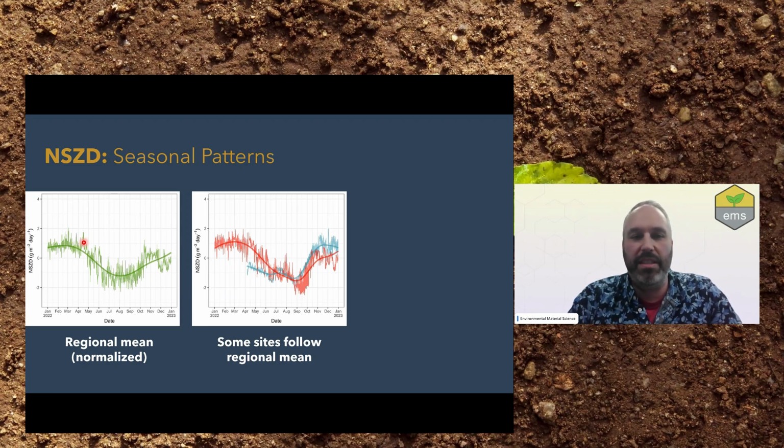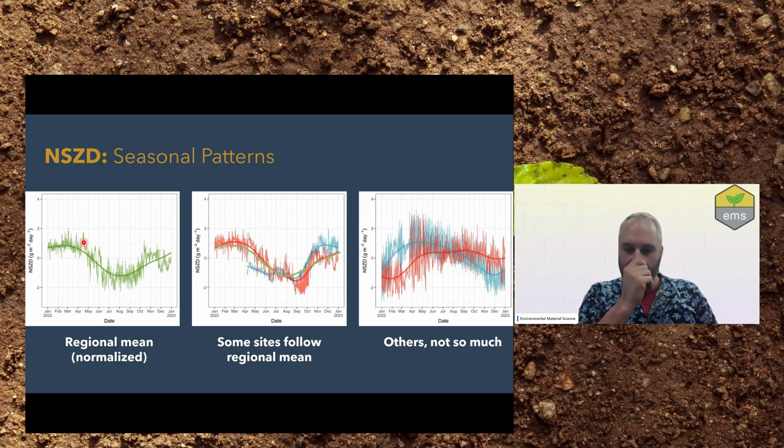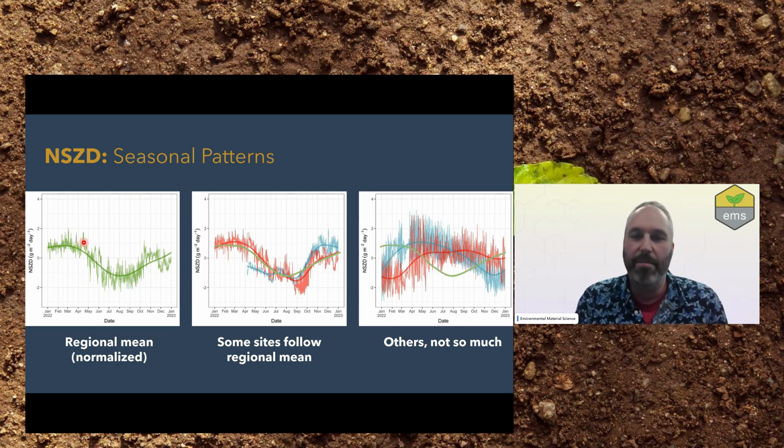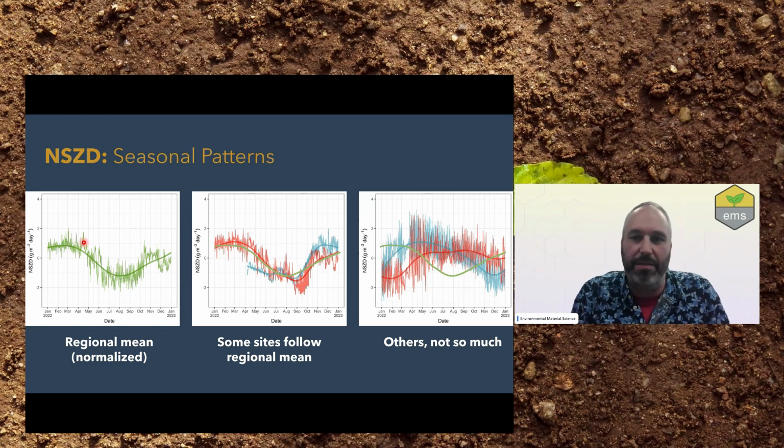If we look at a couple of sites, we see overlaying the regional mean there that some of our sites show this. Okay, that makes sense. I mean, we are calculating a mean, but there are some sites that are completely the opposite. If we overlay that regional curve on there again, you can see they're doing the exact opposite pattern. Still potentially a peak in NSZD in spring, but just the variance through time is much different.